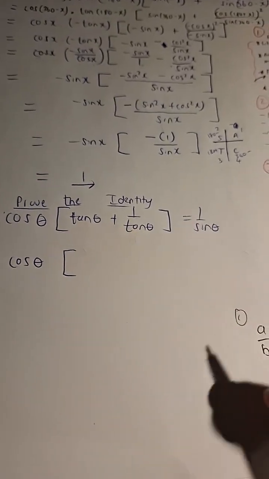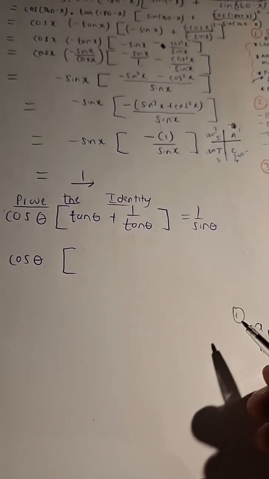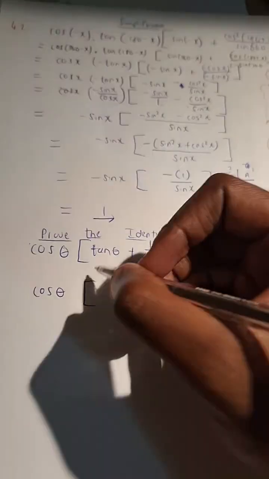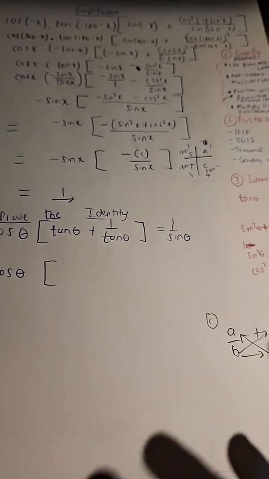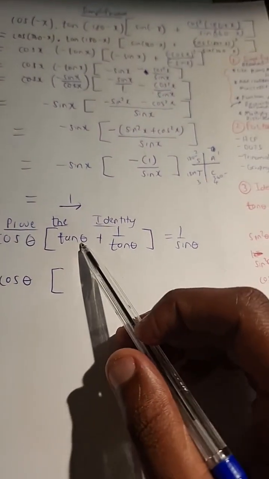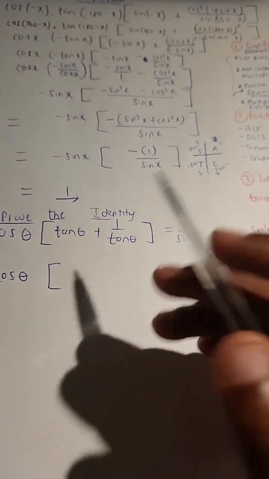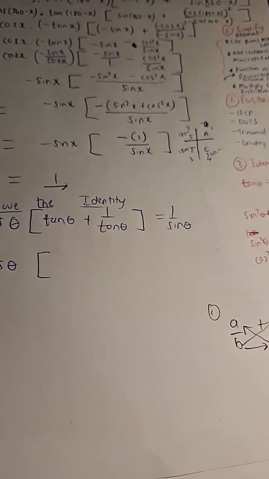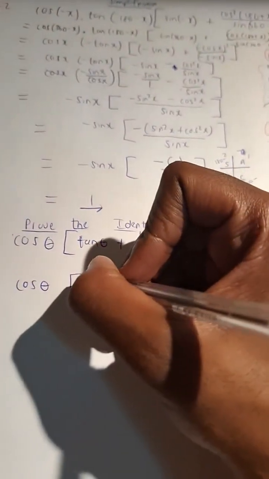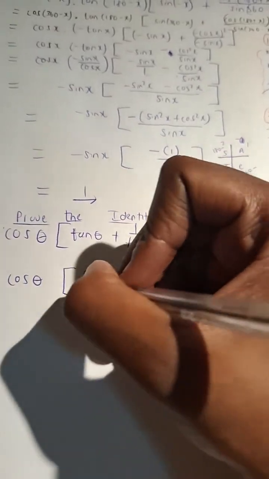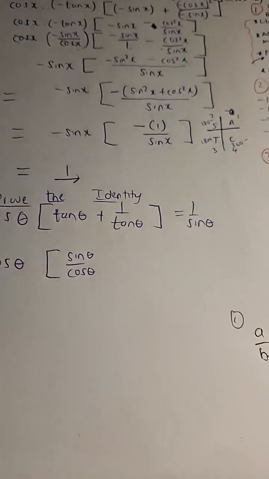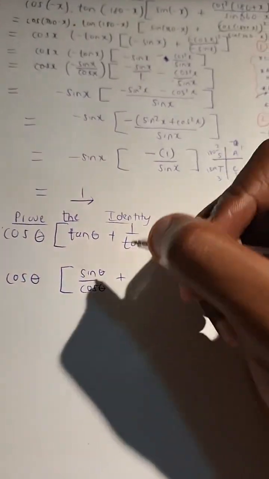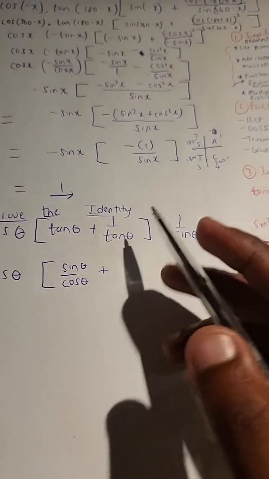Of two beautiful fractions. So what we can do then, guys, is take tan theta. We know most that we could simplify, but factorization is not there, so let's just use the identity. Tan theta is sin theta over cos theta, plus this 1 over tan theta.